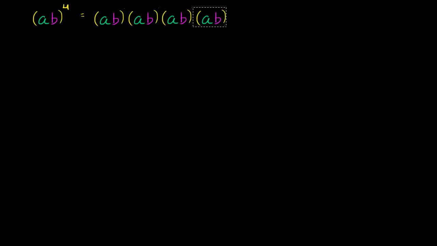But what is that equal to? Well, when you just multiply a bunch of numbers like this, it doesn't matter what order you multiply it in. So this is going to be equivalent to A times A times A times A, times, we have four B's as well that we're multiplying together, B times B times B times B. And what is that equal to?